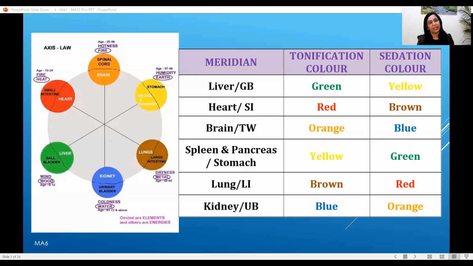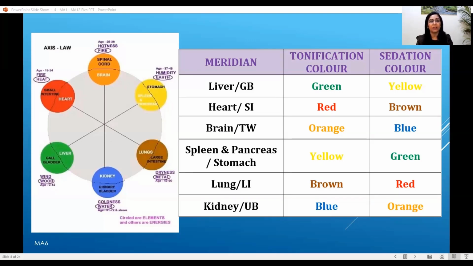Tonification and sedation of meridian with color is to be done by axis law. The way to do it, like I explained to you, is that you always start from the energy gate and make a line on the meridian to tonify, and in the opposite direction for sedation, that is, drawing towards the energy gate.